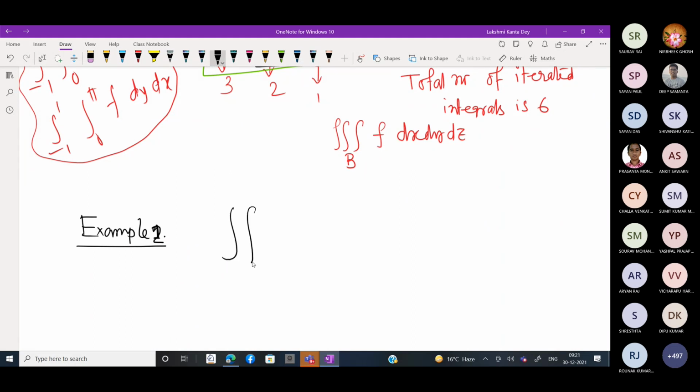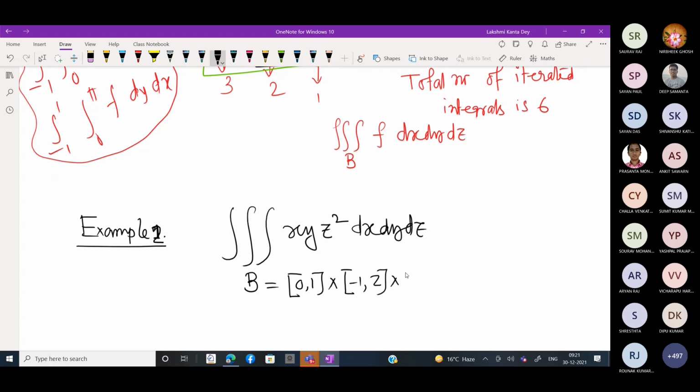We have to evaluate the integral of x y z square dx dy dz over some box. This is a little bit simple. So what is your box? The box is [0, 1] cross [-1, 2] cross [0, 3].